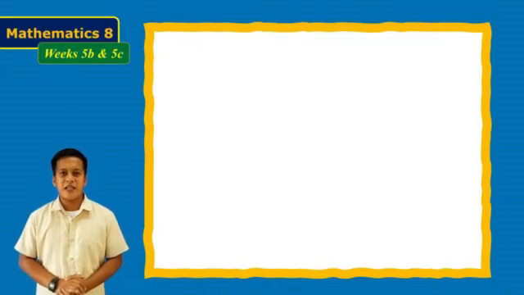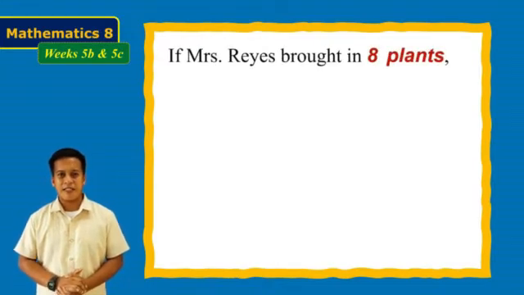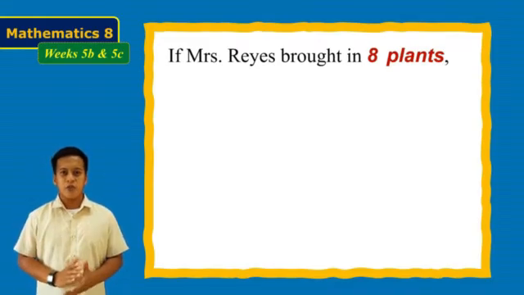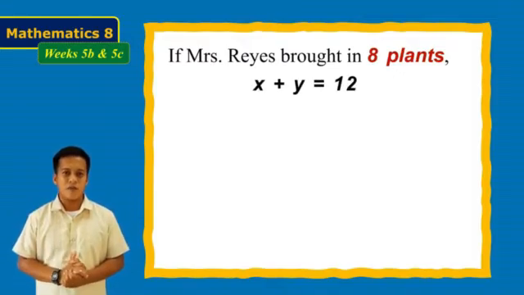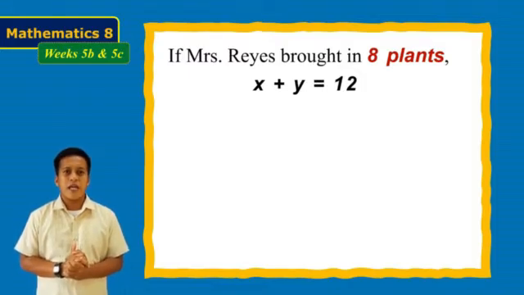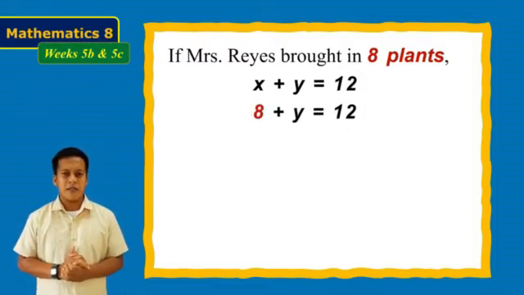Suppose Mrs. Reyes brought in 8 plants. How many did Mr. Cruz bring? Using the equation X plus Y equals 12, substituting X in the equation, X will become 8, resulting to 8 plus Y equals 12.